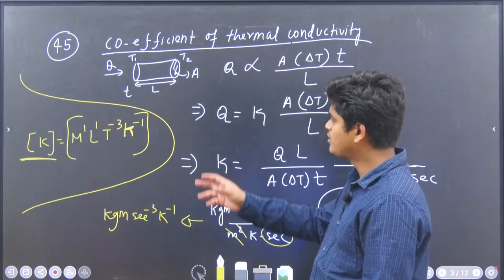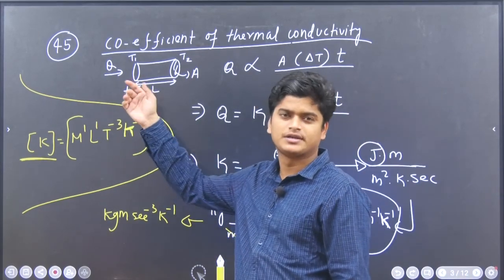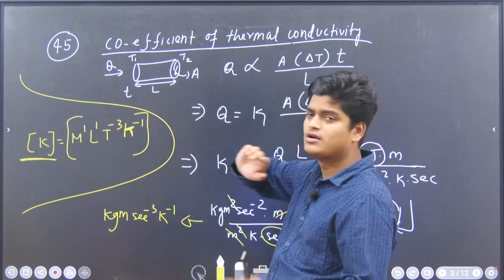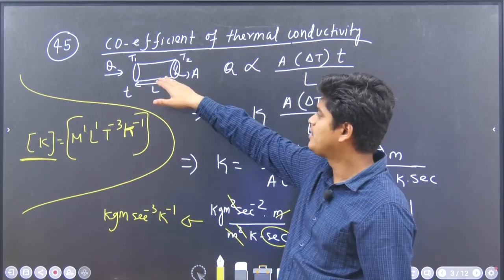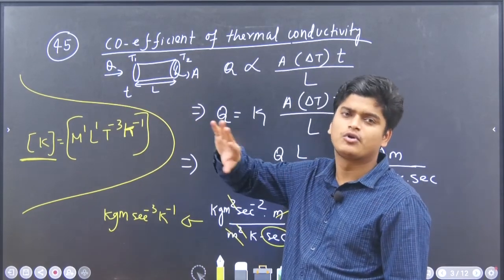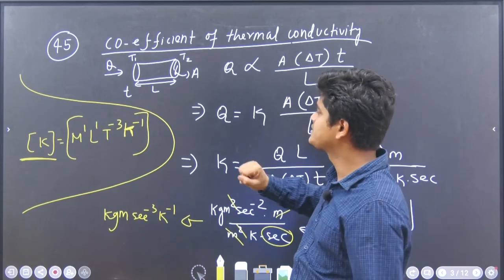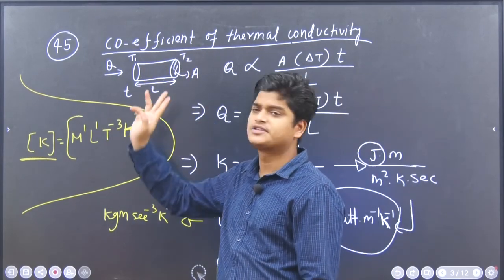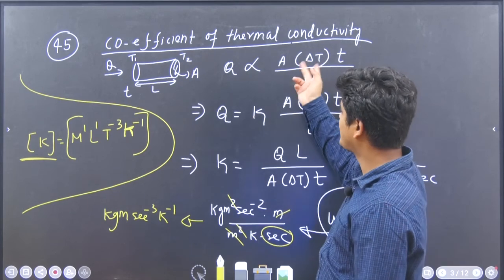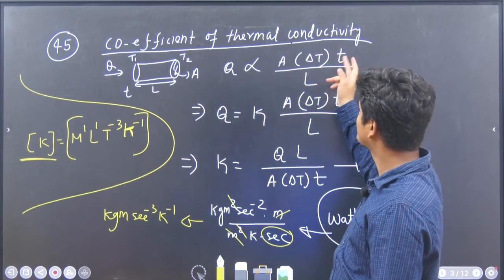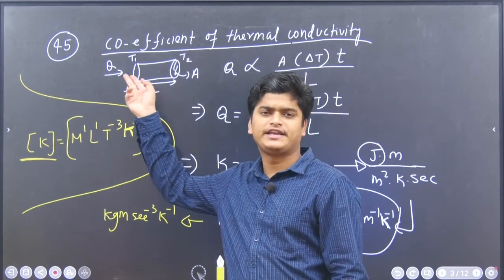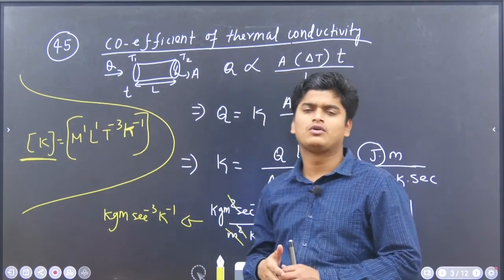Remember, when heat flow is happening, it depends on the area also. If a wider rod is there, then more heat will flow, so that is directly proportional. It depends on the temperature difference between 2 points, so it is directly proportional to the temperature also, and time also. If heat is applied for more time, then more heat will go into that rod.